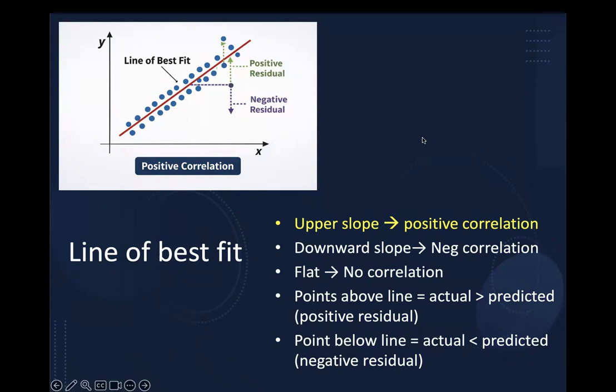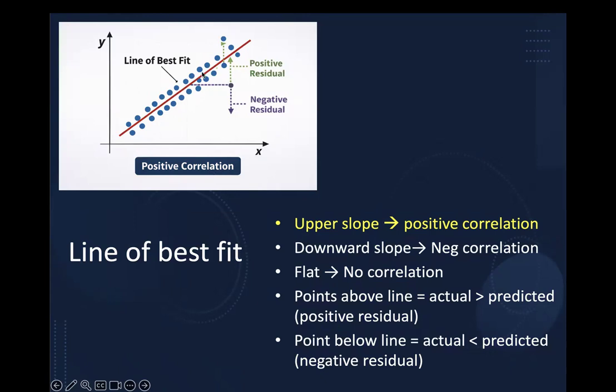I've given you all the possible ways they'll ask you. Upward slope like this is a correlation like we saw, right? With the scatter plot, it's the same thing. Positive correlation, there's no causation. If it's going downward, there's a negative correlation. If it's just flat, there's no correlation.